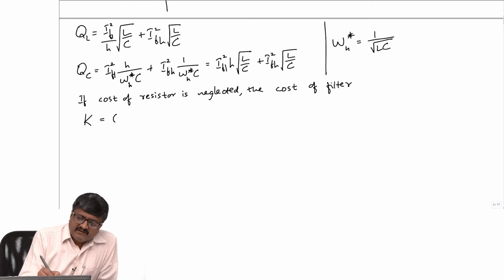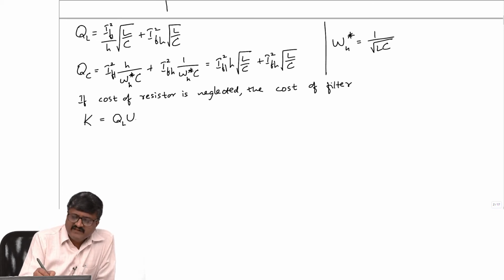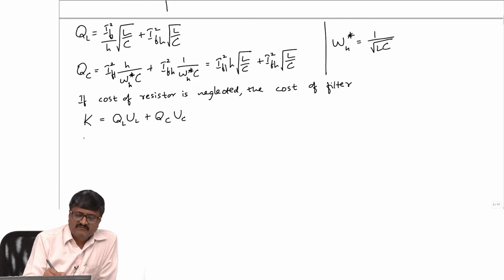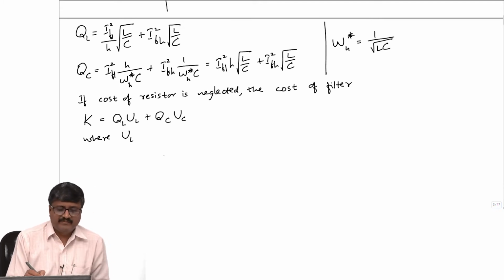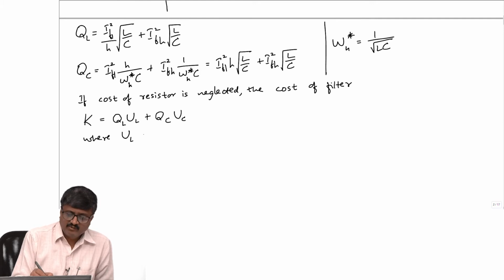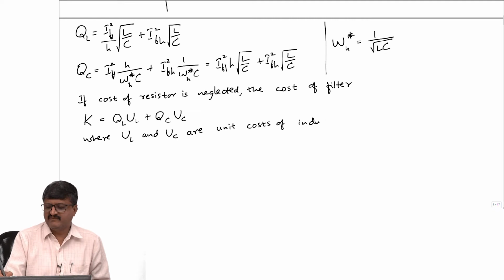The cost of inductor is proportional to the rating of the inductor. So I write this as QL into UL plus the cost of capacitor is QC into UC, where UL and UC are unit costs, that means cost per unit rating, of inductor and capacitor respectively.